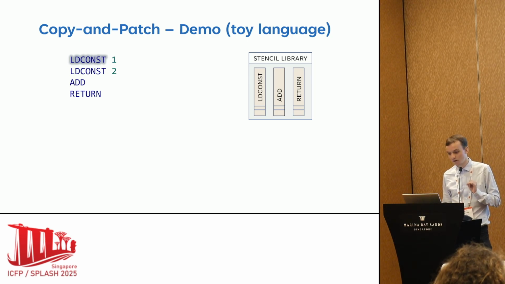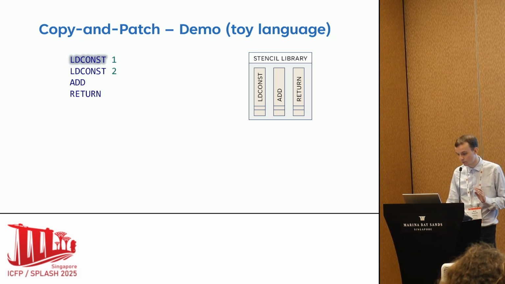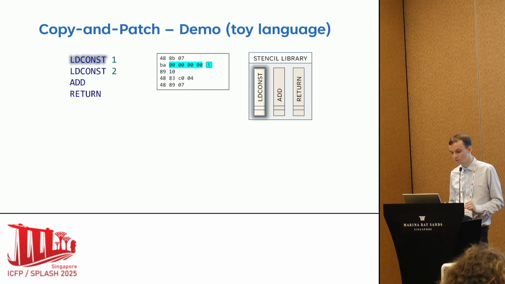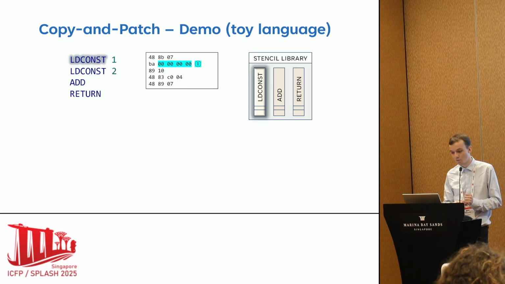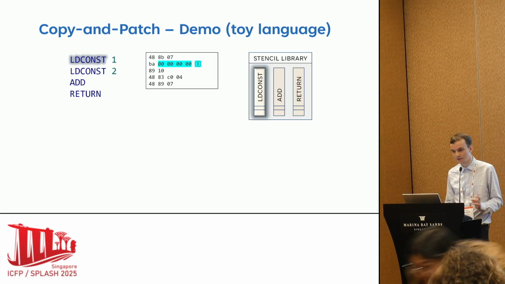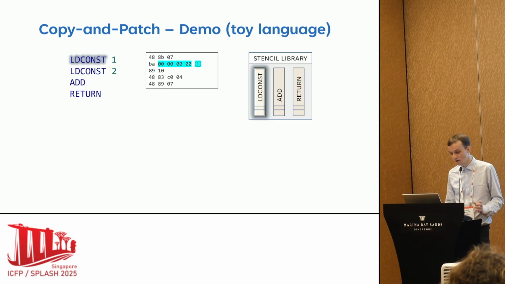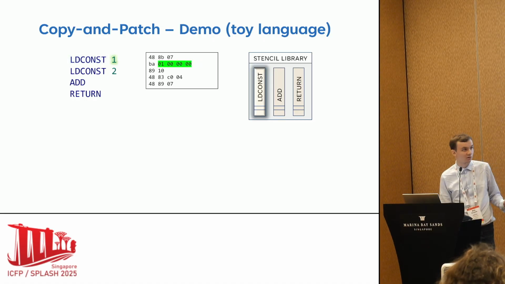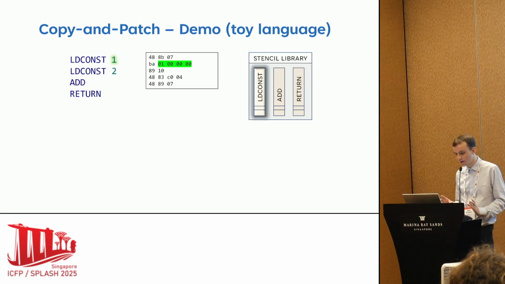Each time it finds an instruction from the stencil library, it emits the executable code into the memory where it wants to JIT it. After this is extracted and emitted, we want to specialize it for the constant that is here. So instead of the placeholder, we can now fill in the actual constant, and in this way make this instruction really do what we want it to do.